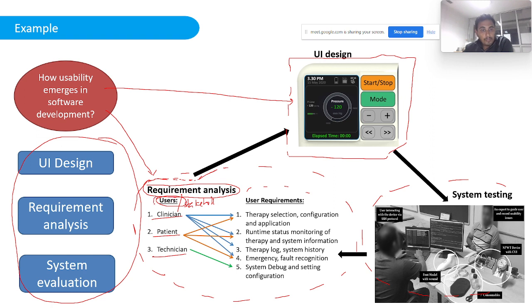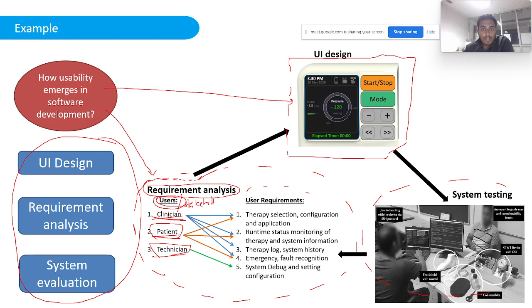So for example, in this particular case, the stakeholders are the clinician, the person who will be using the particular medical device, a patient, the person on whom the device will be used, and then probably a technician who occasionally will inspect the device in case the system gives some faulty results or it needs certain debugging.